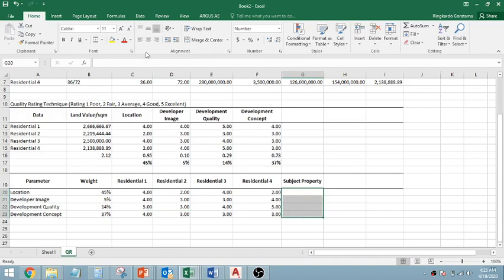So how is the subject property? Let's say the subject property, the location is average, the developer image also average, and the development quality is good, the concept is good. So this is the scoring.